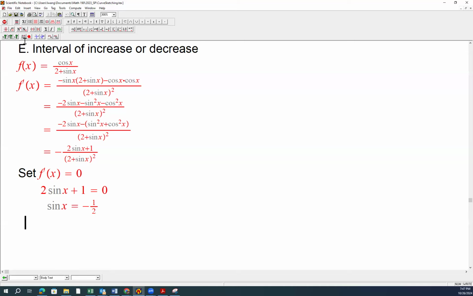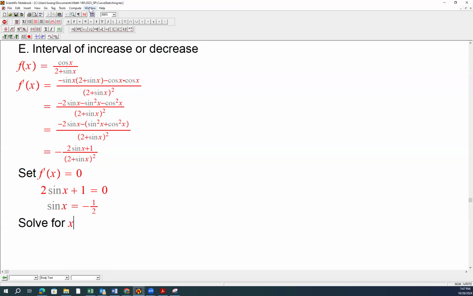And we need to know x. So we're going to solve for x. X is the angle, right? The input for sine. So now we'll get to the same approach again.